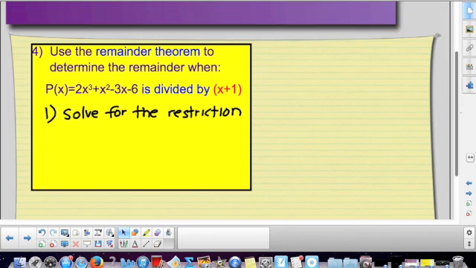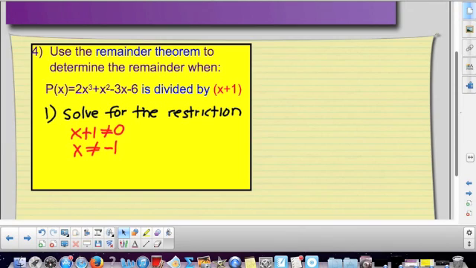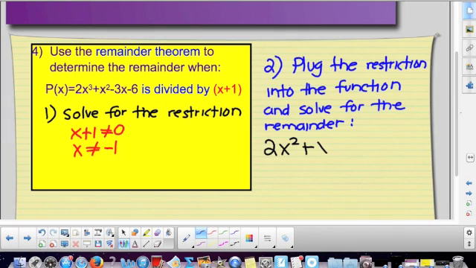So I know that x plus 1 cannot be equal to 0, so x cannot be equal to -1. So that is my restriction. Now, step number 2 is going to be to plug the restriction into the function. So the way we're going to do that is my function is 2x cubed plus x squared minus 3x minus 6.